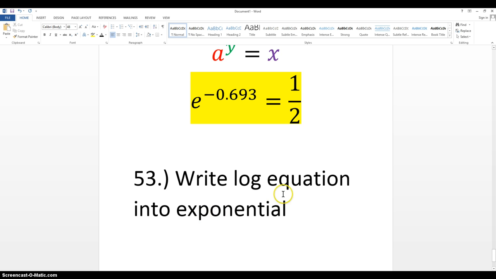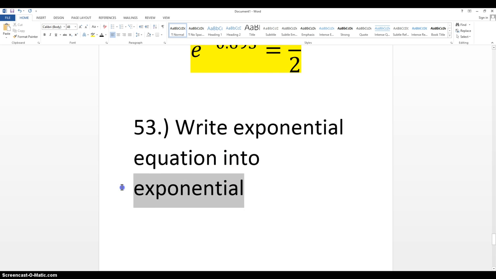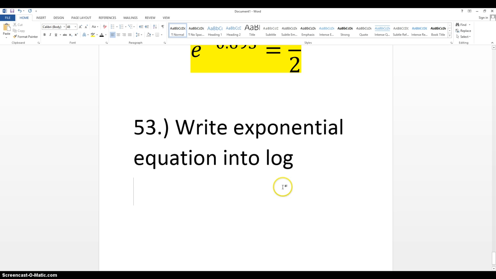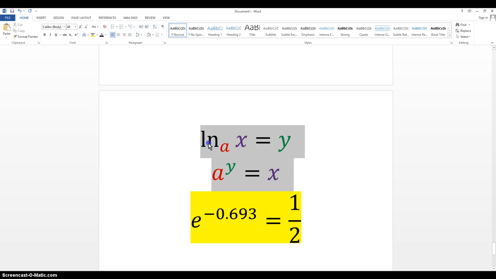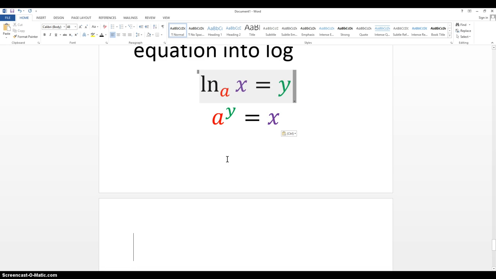It says write the exponential equation. So this one's backwards. Exponential equation into log equation. So again, let's go ahead and use these two templates that we modified because we're using natural logs.